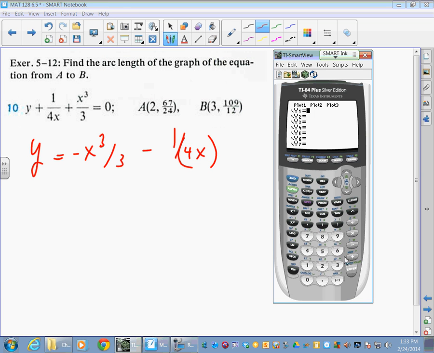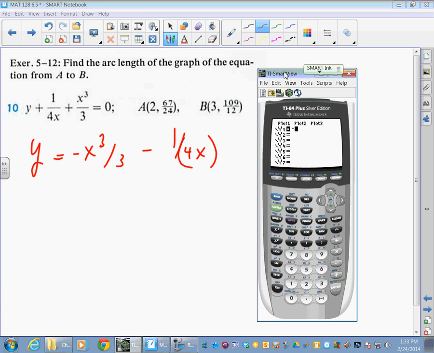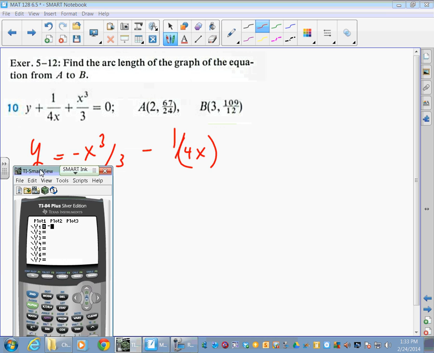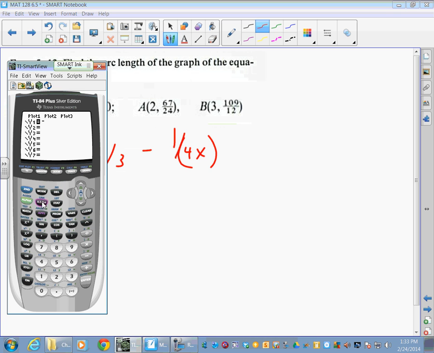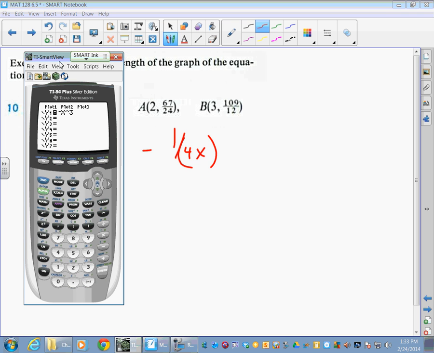Negative x cubed, minus 1 divided by 4x. Okay.